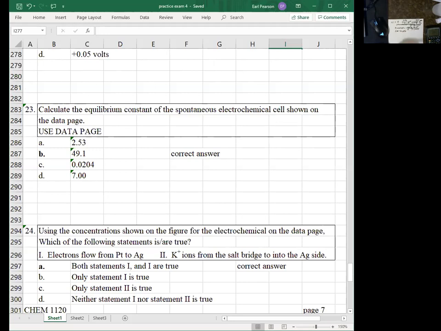So the voltage that we're going to use in number 23, the E0, is plus 0.05 volts.